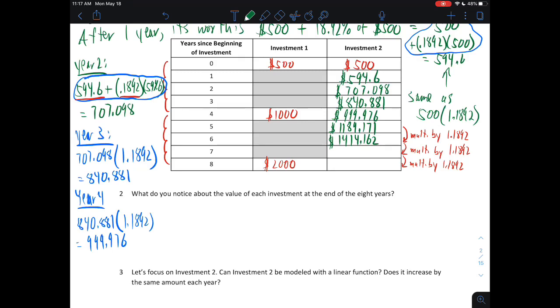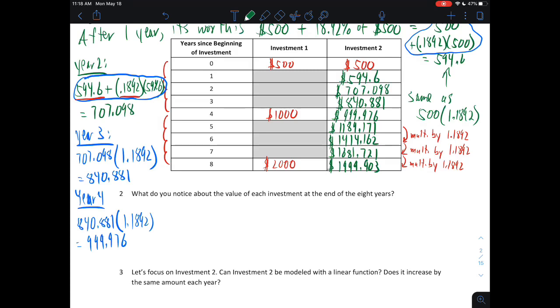And I get 1681.721, and then 1681.721 times 1.1892, and I get 1999.903 at the end of 8 years.